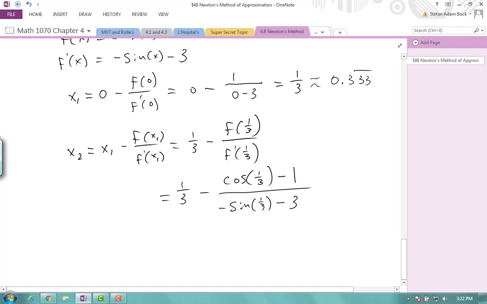Now you can see how quickly this breaks down for us poor folk who are trying to do this by hand. I mean, those are numbers. We're technically able to evaluate them.